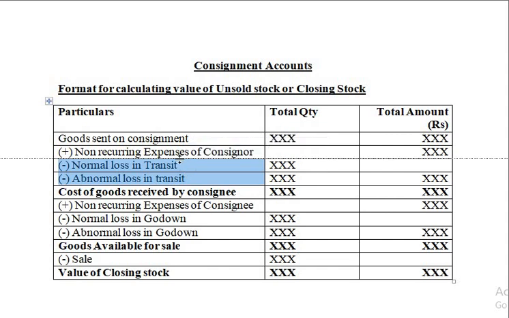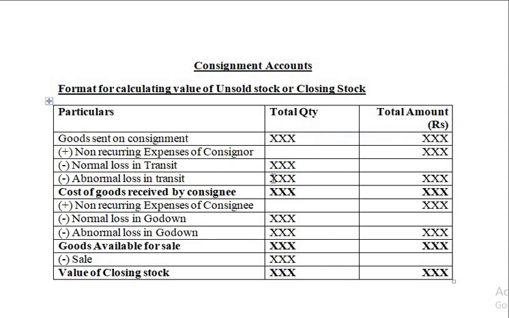Now deduct the normal loss and abnormal loss occurred during the transit of goods. While deducting normal loss, deduct only the total quantity, because normal loss is already expected and it's already a part of the cost of production. That's why here we need to deduct only total quantity and not the total amount.